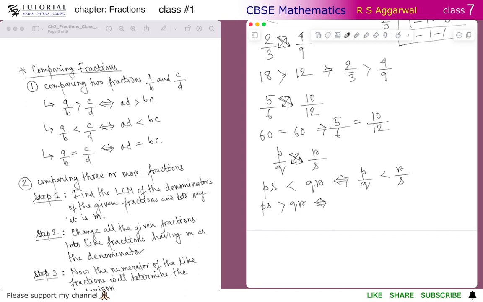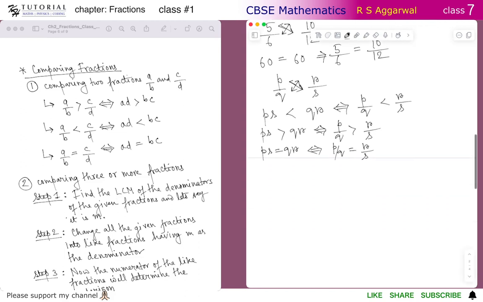And lastly, if ps equals qr, this will imply the fractions are equal. So this is the way we compare two fractions.